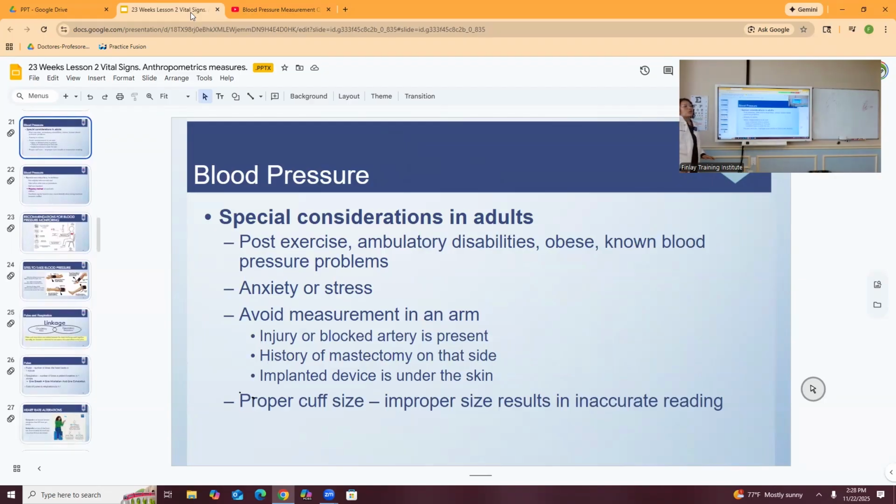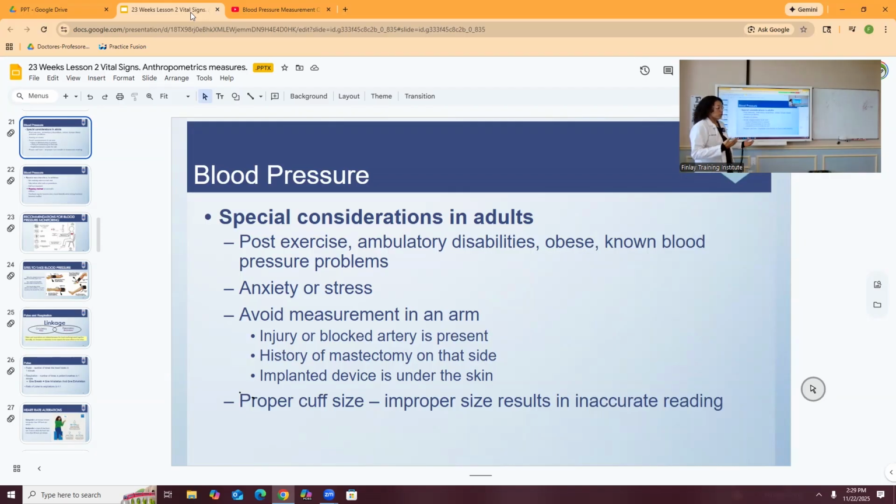To take the blood pressure, we have to consider the outside factors that can alter it. Number one is post-exercise. Did we make the patient walk too much? Is the patient running late, and was he running from the parking lot when we came to talk to him? Any ambulatory disabilities.